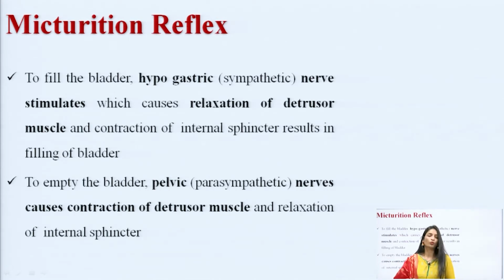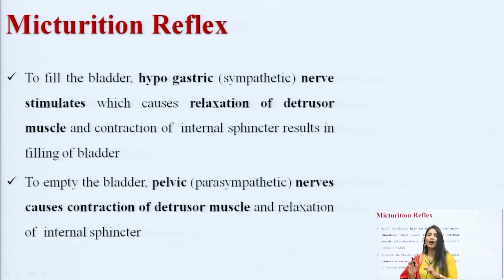Next we will discuss a very important part of the micturition reflex, or micturition process. Here you have to remember only a simple thing in micturition: one is the filling of the bladder and the second is the emptying of the bladder. If you remember one, you can automatically remember the second. Which nerves help in filling the bladder and which nerves help in emptying the bladder?